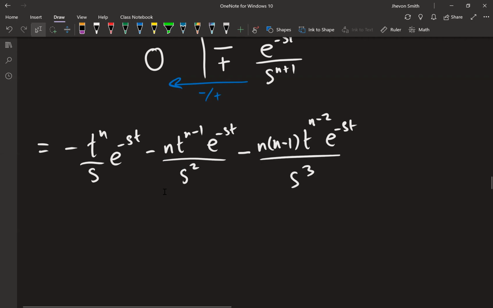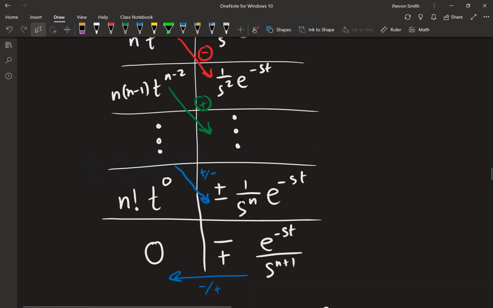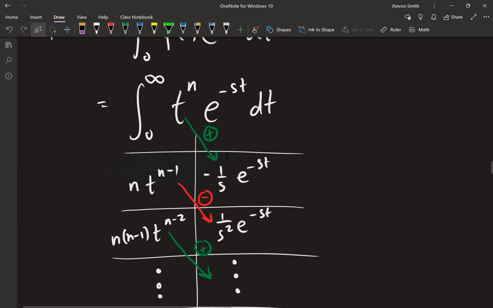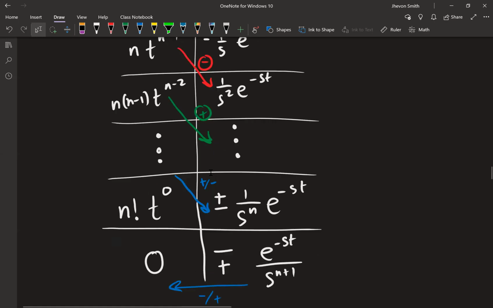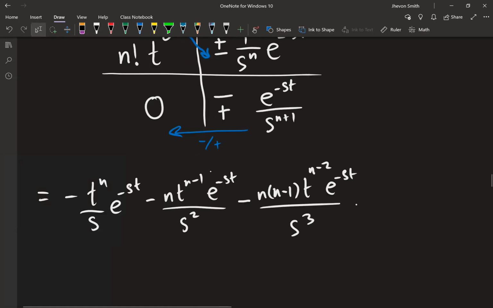You'll notice that we actually don't need to know what these signs end up being, because the signs in the tabular method and the signs on this part will always conspire. They'll always be opposites, so you literally always get a negative. So this is also going to be a negative, and so on.